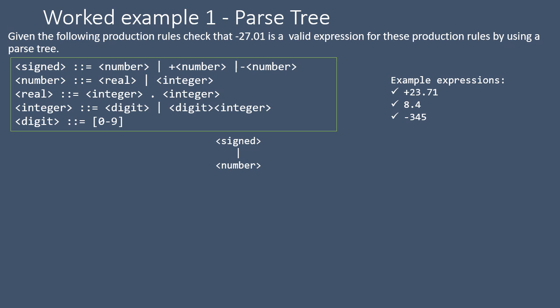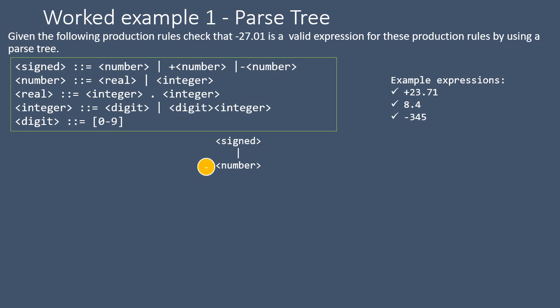What we'll find is that we've now found our first terminal symbol, the minus. Remember, we need to find all our terminal symbols within our expression minus 27.01. We found the first one, which is the minus. Then we go to the number production rule. That can be a real or an integer.